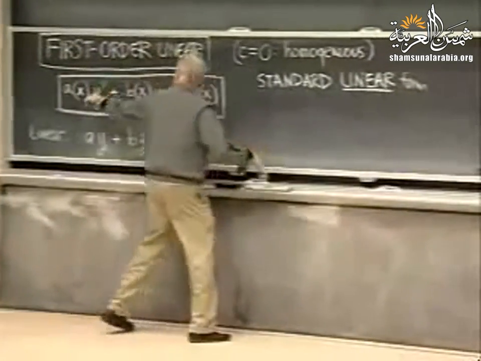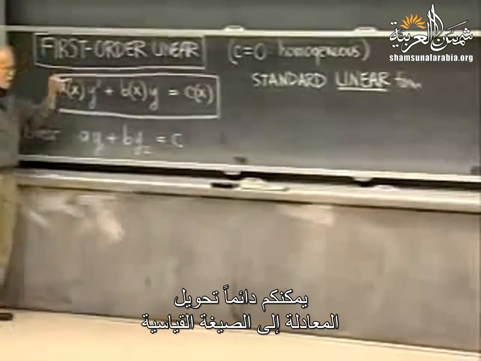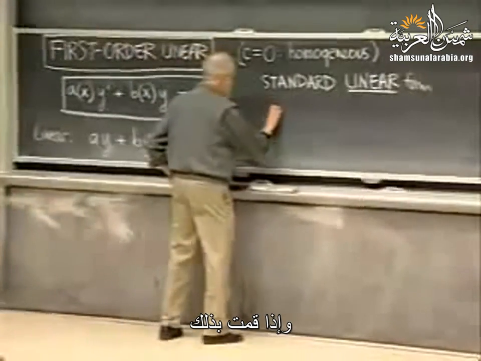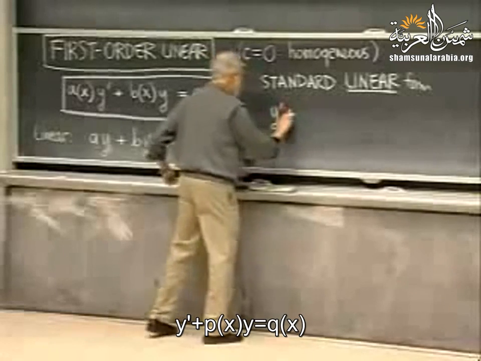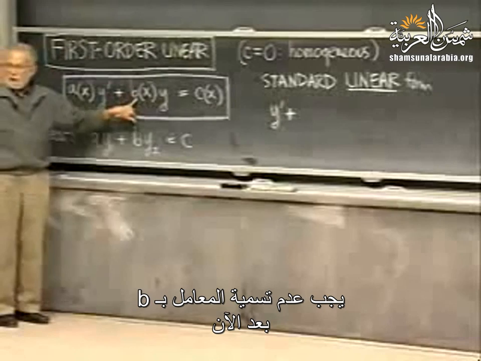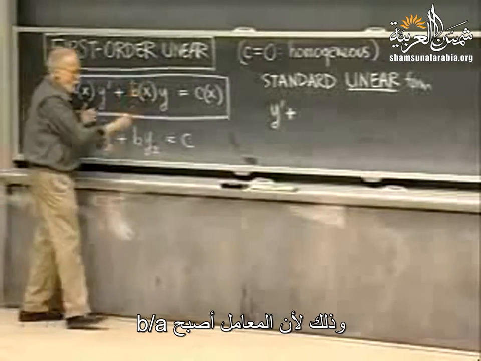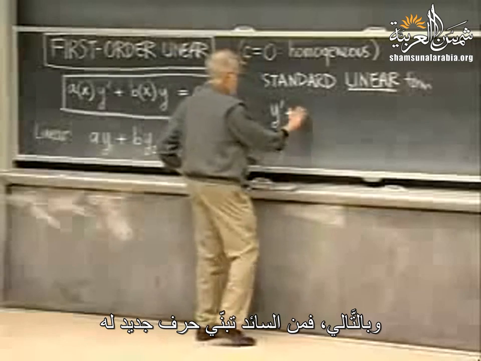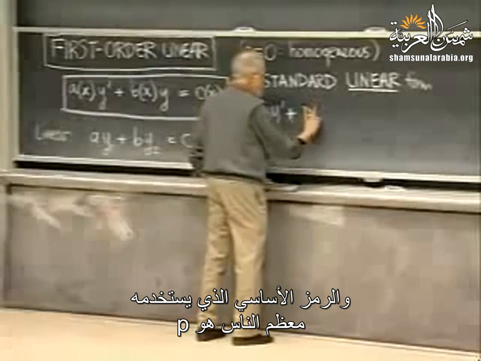So you can always convert to standard form by simply dividing through by it. If I do that, the equation will look like y prime plus, now, it's common to not call it b anymore, the coefficient, because it's really b over a. And therefore, it's common to adopt yet a new letter for it. The standard one that many people use is p.